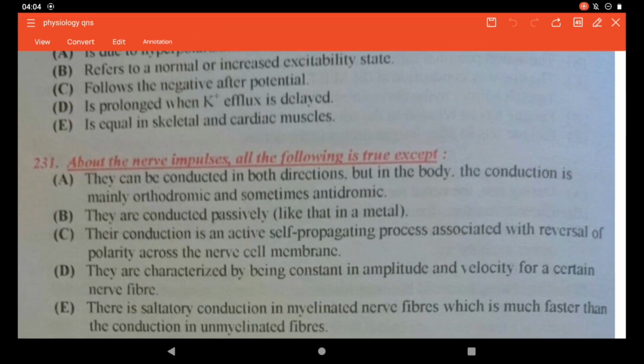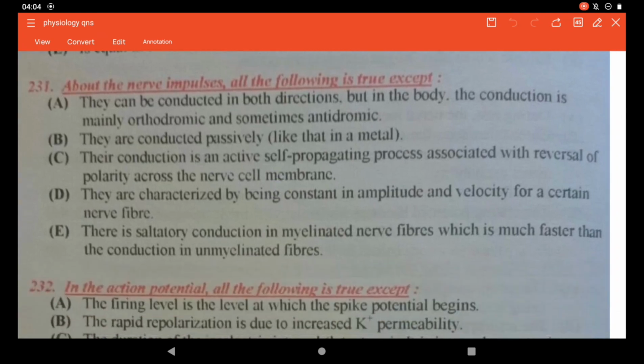Number 231, about nerve impulses. All the following are correct except: A. They can be conducted in both directions. In the body, the conduction is mainly orthodromic and sometimes antidromic. B. They are conducted passively, like in metal.